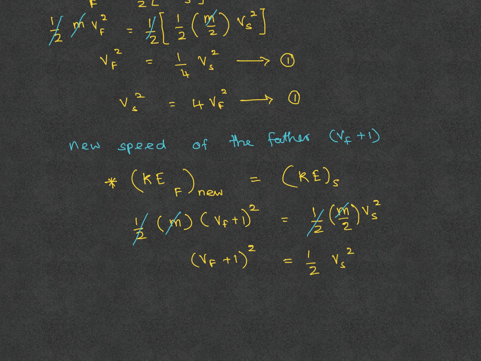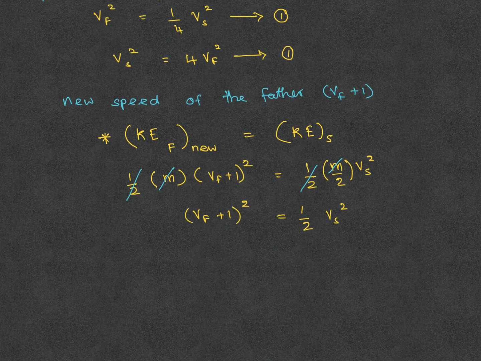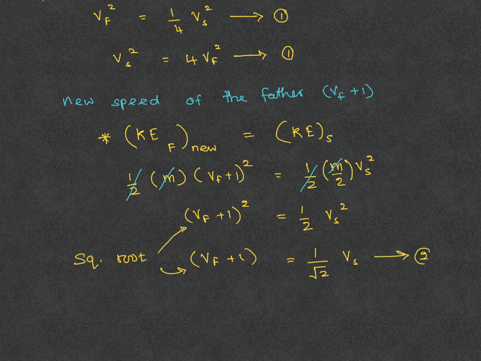So half vs square. Now when you take the square root of this, you will get vf plus 1 on this side, and there you will have 1 over square root 2, and vs remains as vs square becomes vs. Now this is taking the square root. Take the square root of this, then you end up with this. Now this is the second equation. This is our second equation.